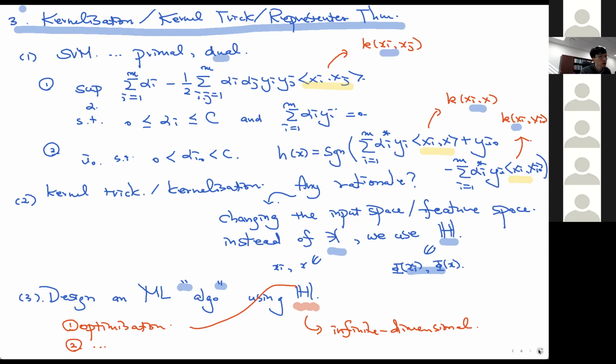So what is the one that enables us to do it? By the way, some simplified version of the support vector machine is also an instance of what I'm going to tell you now. And this type of magic, which converts optimization over H into a realistic algorithm, is the theorem.